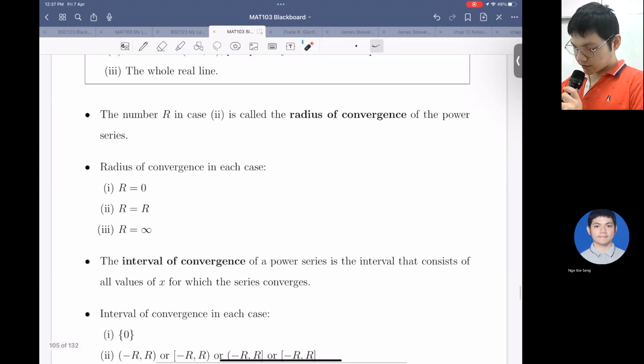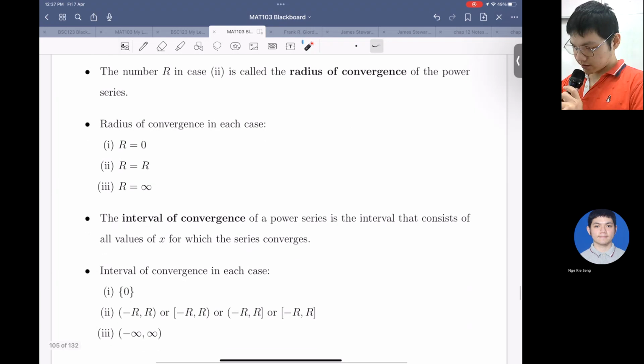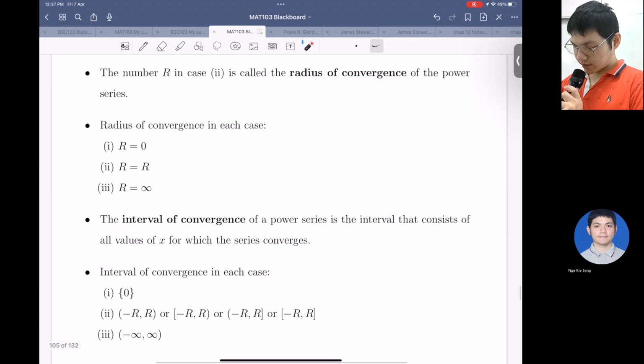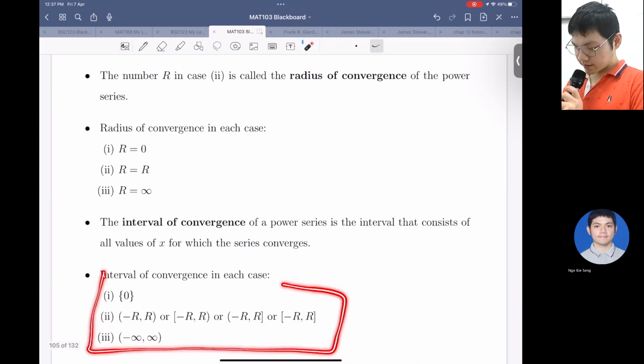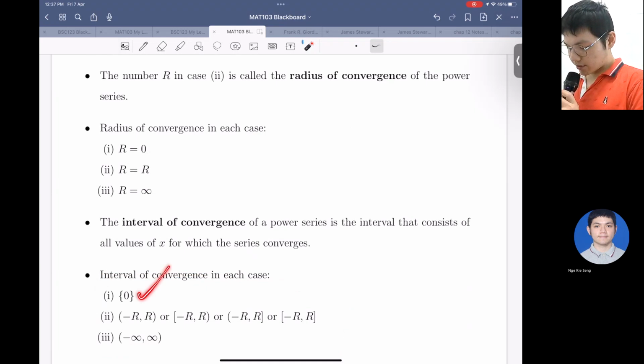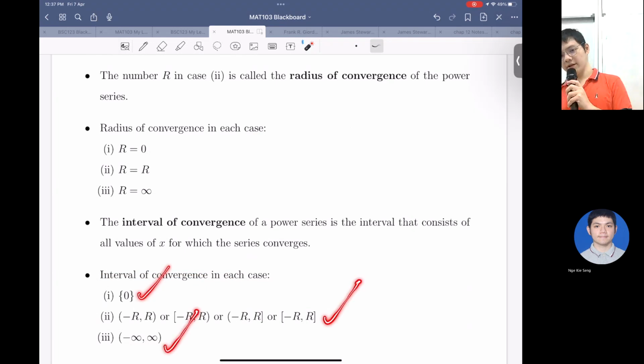Then the interval of convergence of a power series is the interval that consists of all values of x for which the series converges. So in the examples here, either one point, or an interval, or the whole real line.